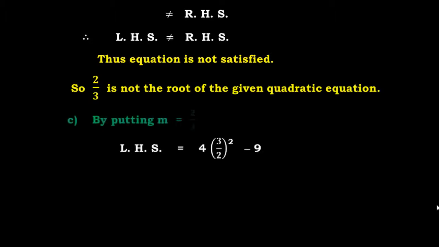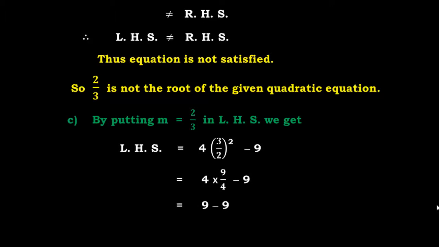We have one more value. That is, by putting m is equal to 3 upon 2 in LHS, we get 4 into 3 upon 2 the whole square minus 9. That is 4 into 9 upon 4 minus 9. 4 gets cancelled.